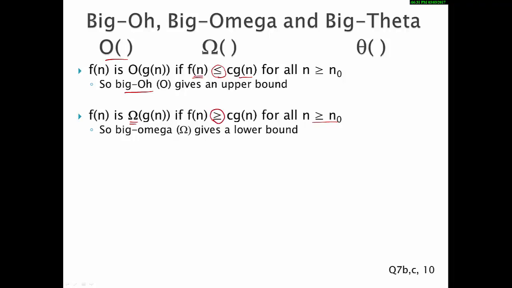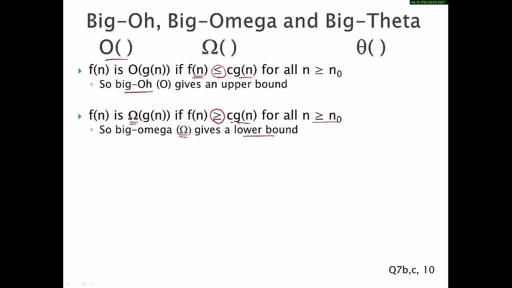Big omega gives a lower bound. It's like you're saying that this function is no smaller than a multiple of this other function. We're going to use that sometimes when we do what are called lower bound proofs, and we'll do one later in this course.